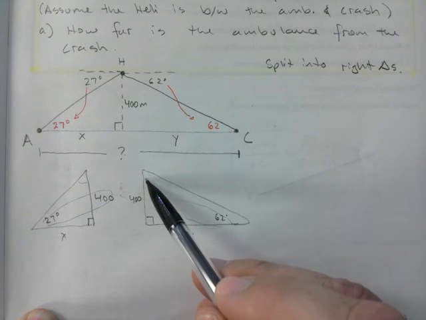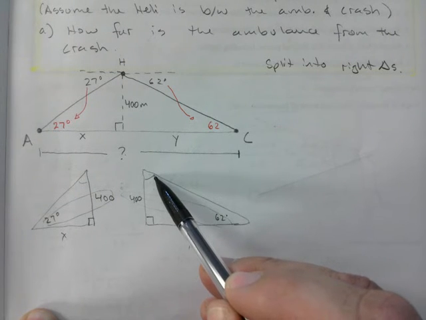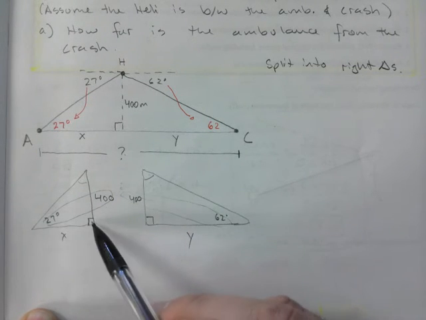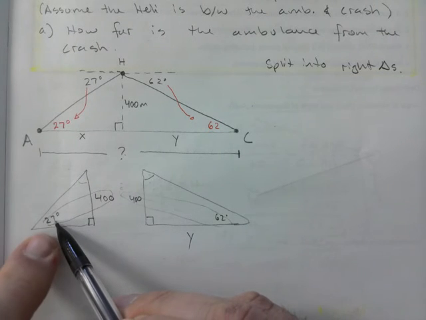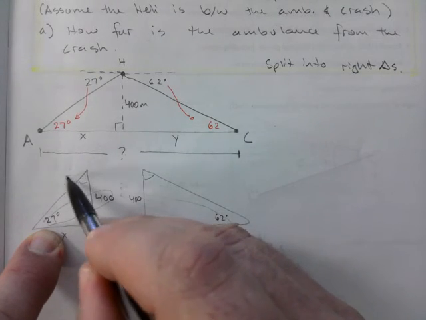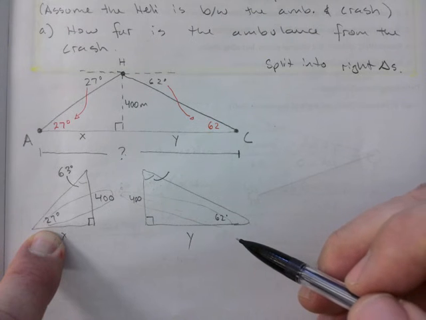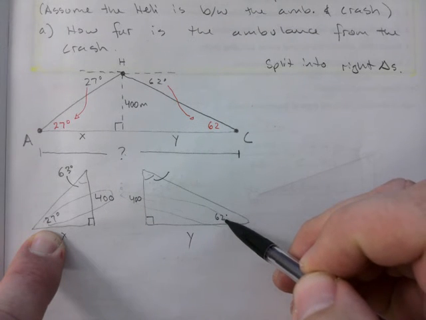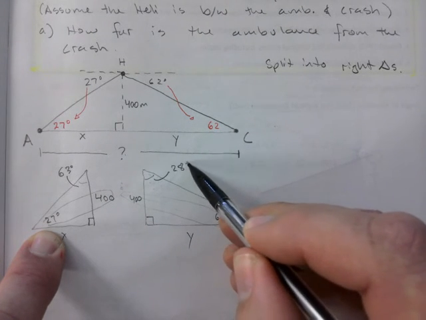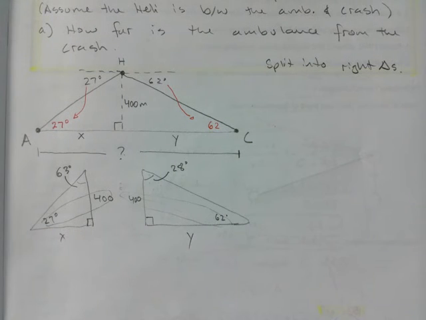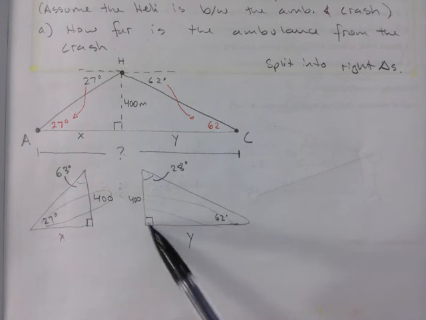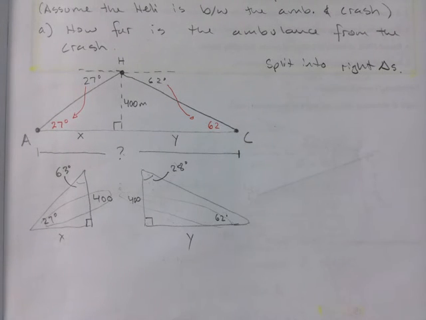For Y, I need the angle up here. That shouldn't be too hard, because you got the 90. So this would be 63, and this would be 8 to get you to 70. So 28. You just subtract these two from 180 to get that and that.